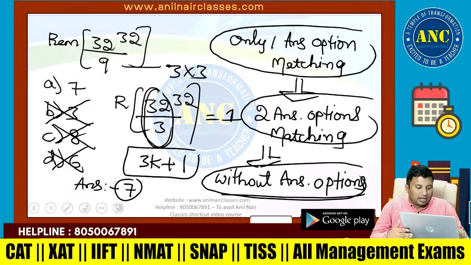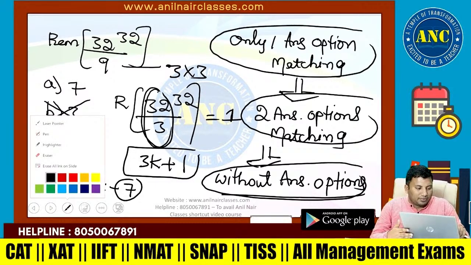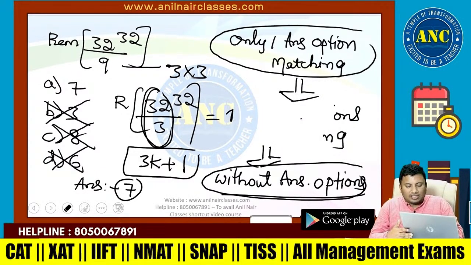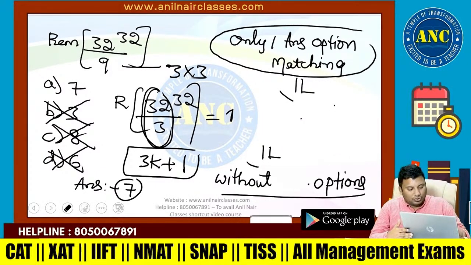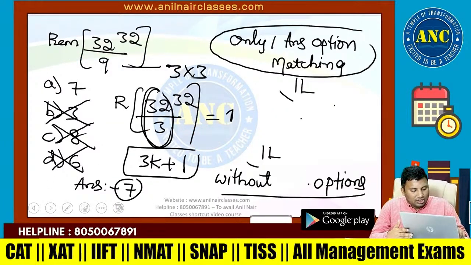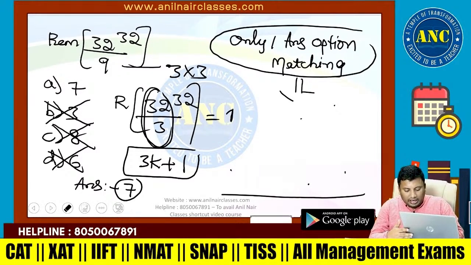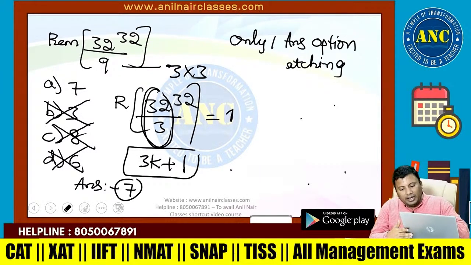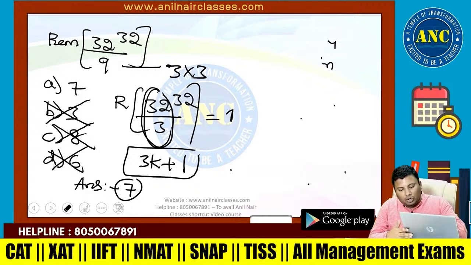After solving so many problems, how are you saying that it is 3k plus 2? 50 plus problems you have listened to in the class. Still you are getting a doubt? Allow me to complete the entire topic. Don't disturb the flow.